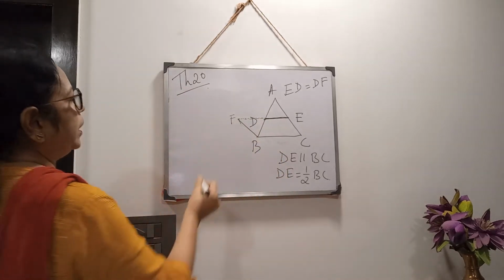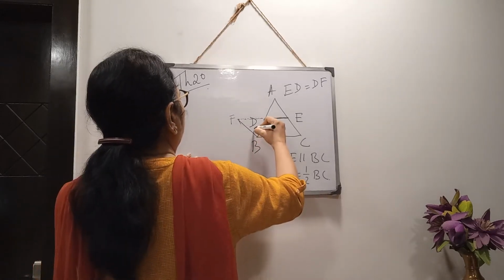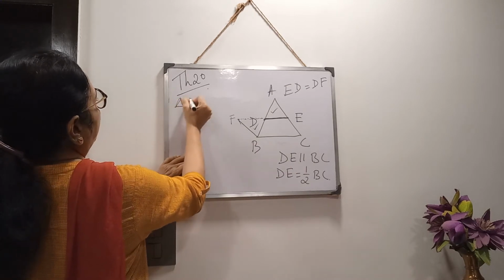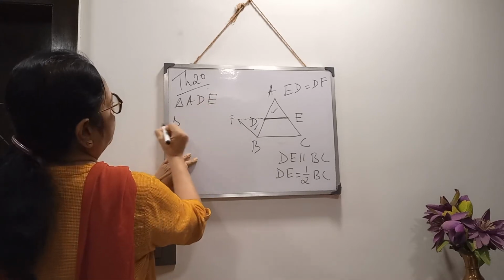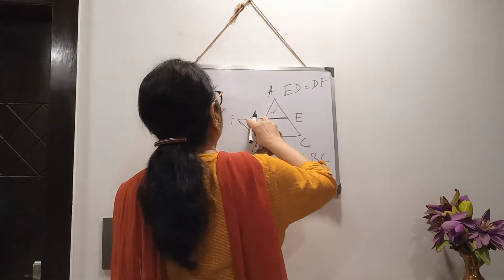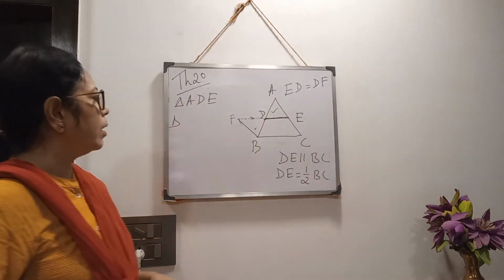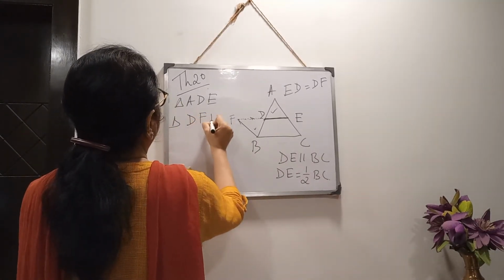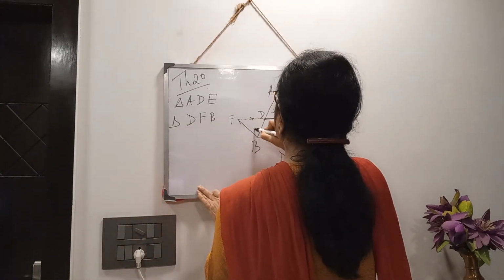After that we have joined B and F. Then we are getting these two triangles, triangle ADE and triangle DFB. First, we will prove that these two triangles are congruent.